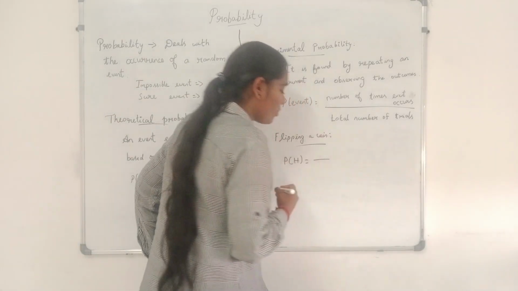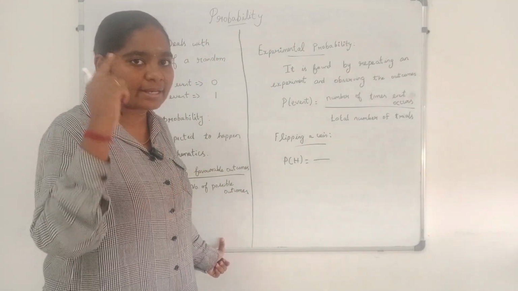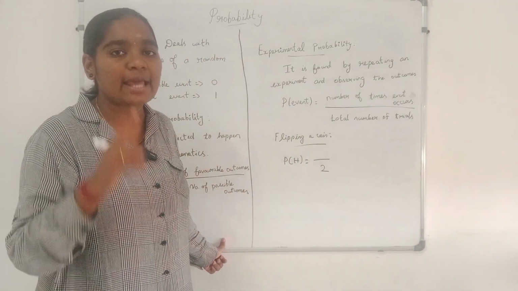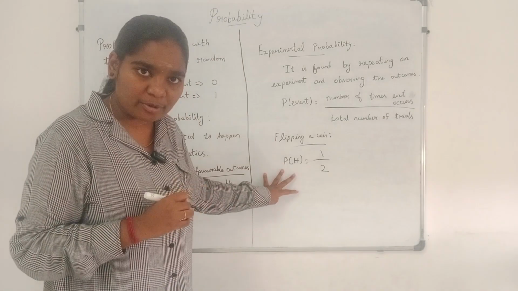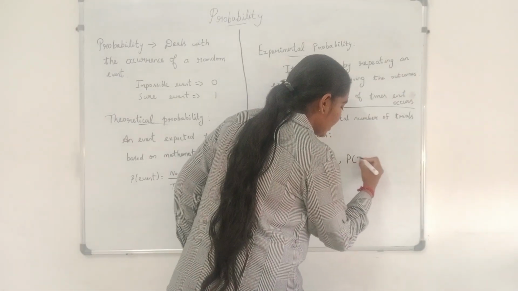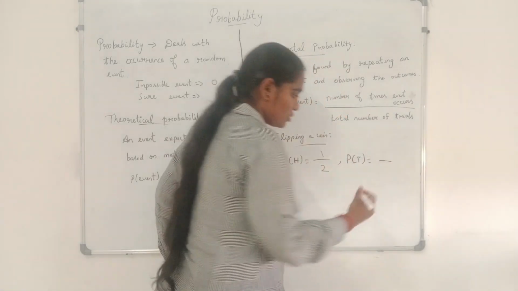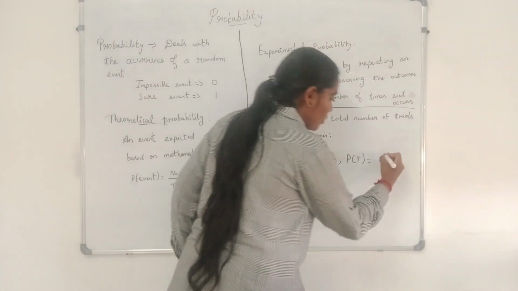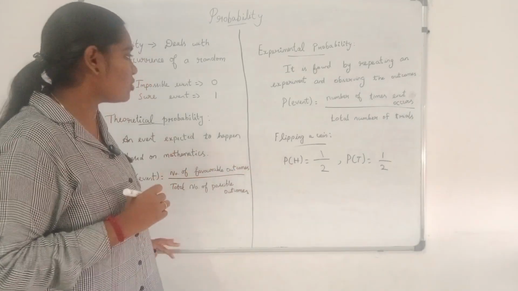The total number of possible outcomes by flipping a coin is 2, that is head and tail. So here 2, and the chance of getting a head is 1. So by theoretical probability, the answer is 1 by 2. In a similar way, the probability of getting a tail: total number of outcomes is 2, and the chance of getting tail is 1. So 1 by 2. This is in the case of theoretical probability.